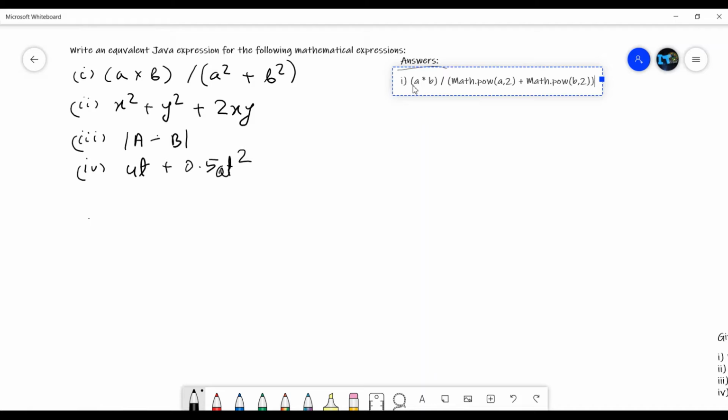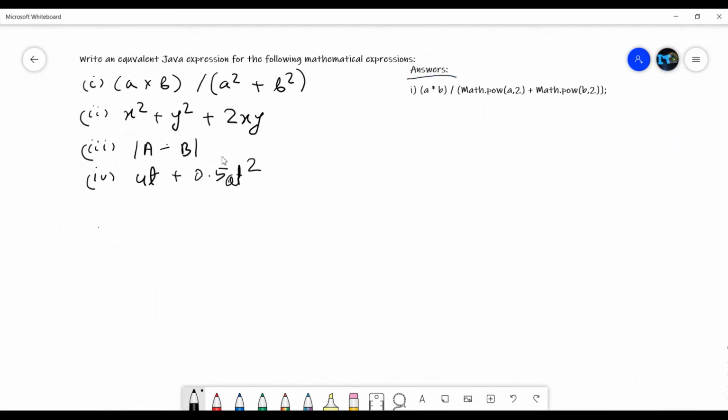Then you write the semicolon at the end of the line. So this is the answer for the first mathematical expression, a times b divided by a square plus b square: a asterisk b, then Math.pow(a, 2) and Math.pow(b, 2). In that way you can convert it into a Java expression.